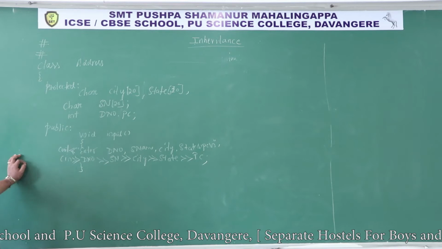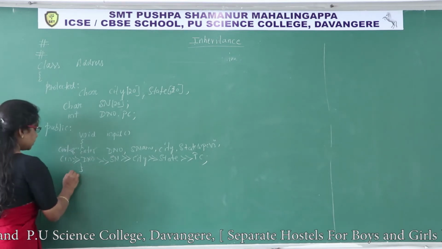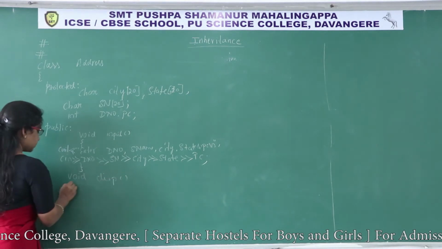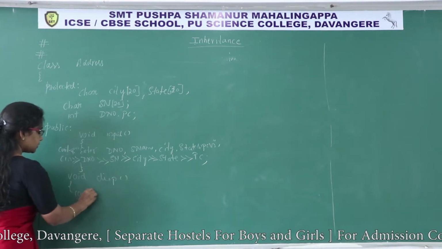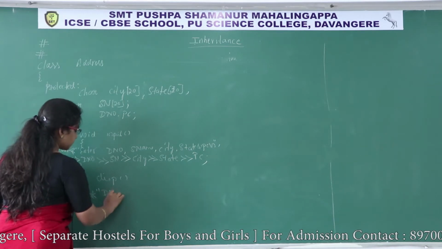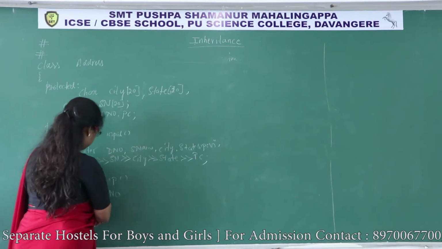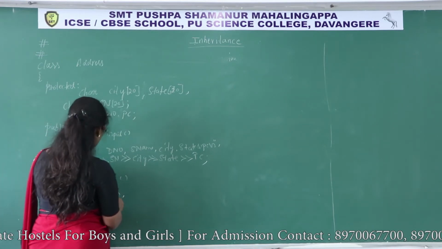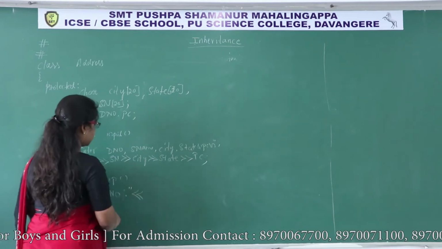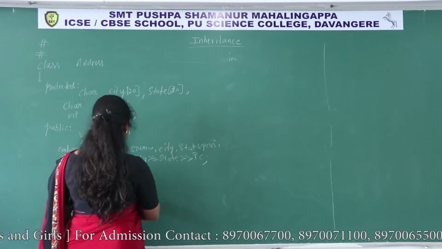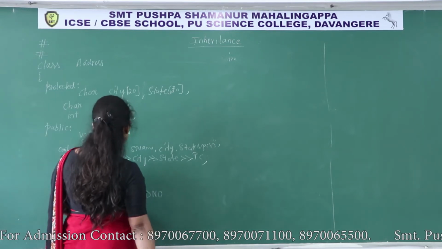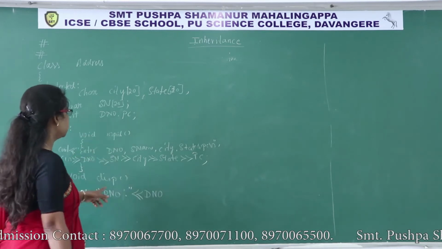Now I want to display these details. Void disp, cout insertion, door number, and in front of that you have to display the content of DNO.